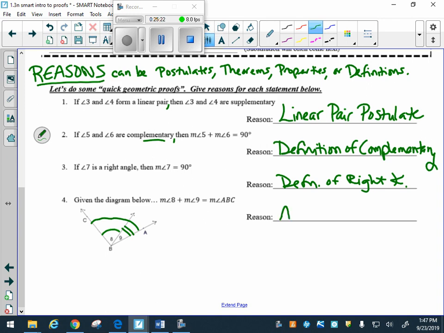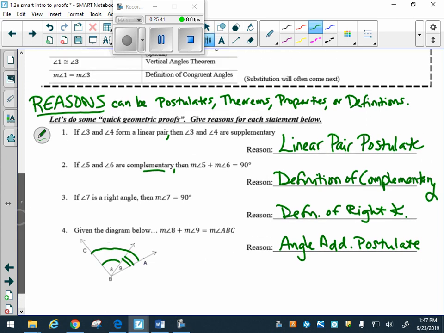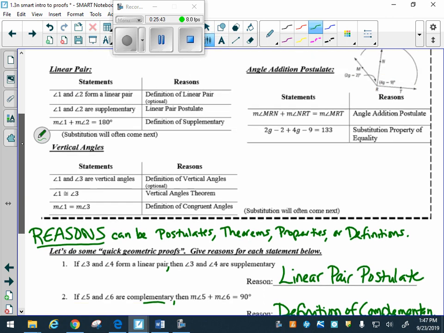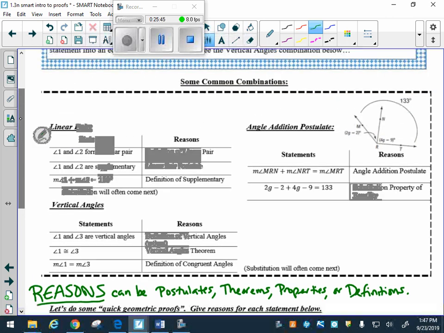That one is the angle addition postulate, because we actually have the diagram to see that they're adjacent to each other. Make sense? Okay, when we get into writing geometric proofs, you're going to see that these are some common combinations of statements and reasons.